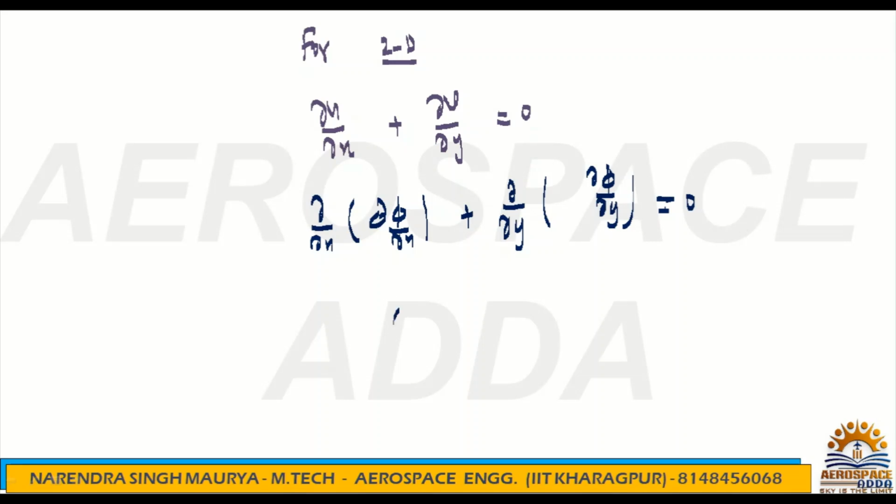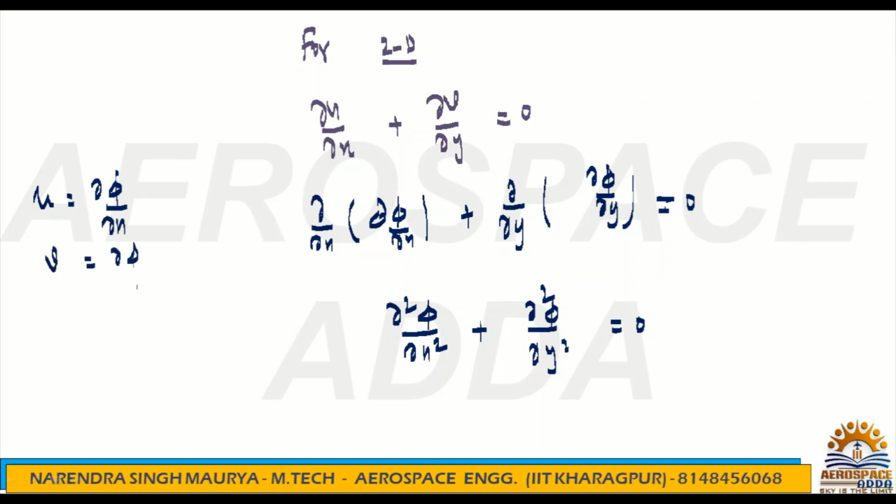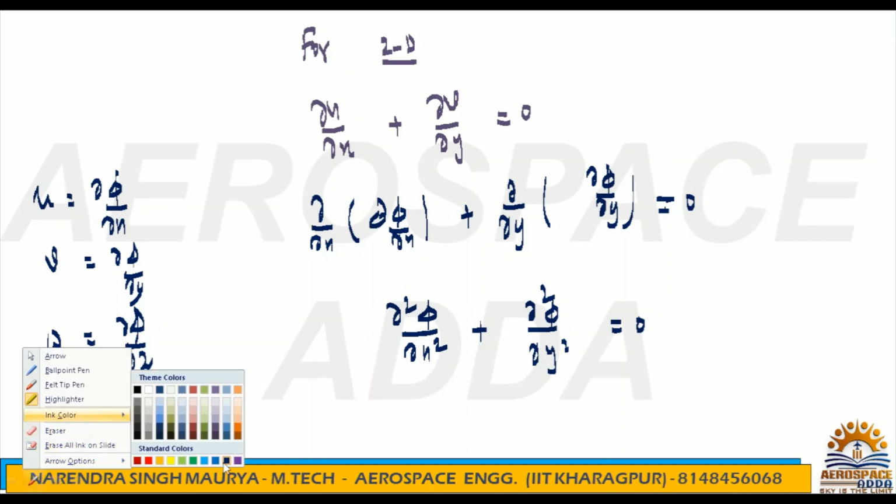Okay, means ∂²φ/∂x² + ∂²φ/∂y² is equal to 0. What you have done is you simply kept u equal to ∂φ/∂x, v equal to ∂φ/∂y. Similarly, we can do ∂φ/∂z also, right?